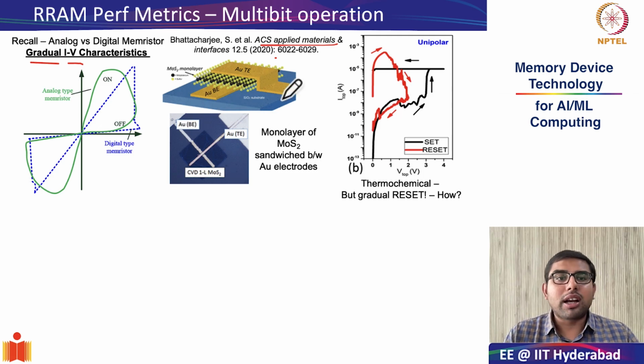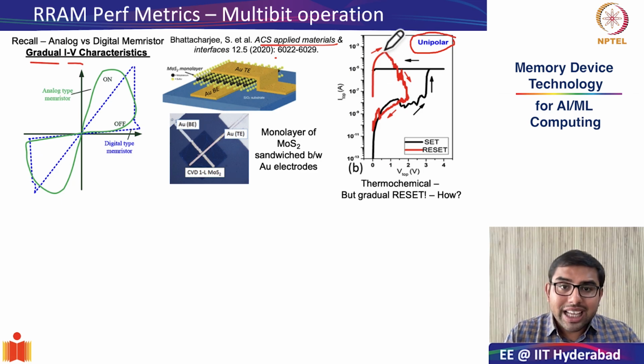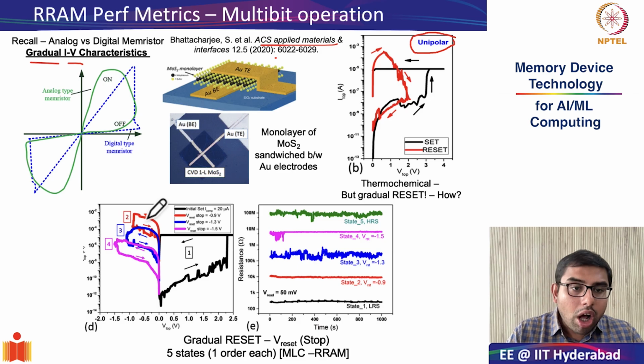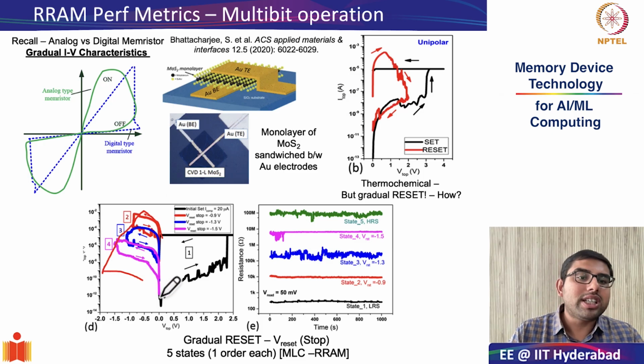And what we saw remarkably is that if you sandwich this moly sulfide between two gold electrodes, we see beautiful unipolar behavior which is gradual in its reset. And since it is gradual reset, we can stop the reset cycle at different stop voltages. What I mean is you can prevent the device from going completely to HRS state.